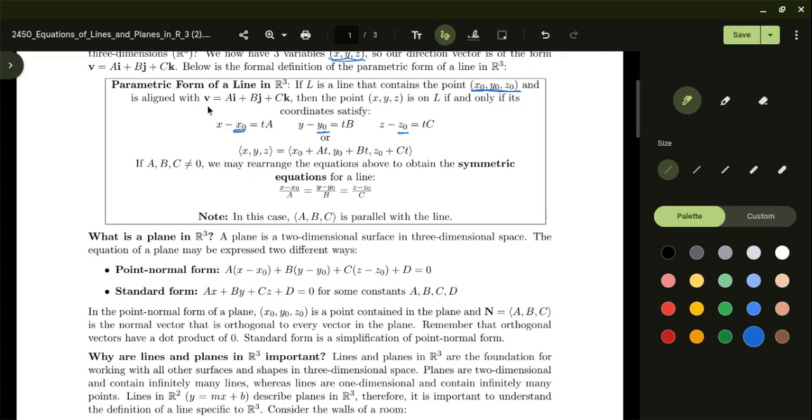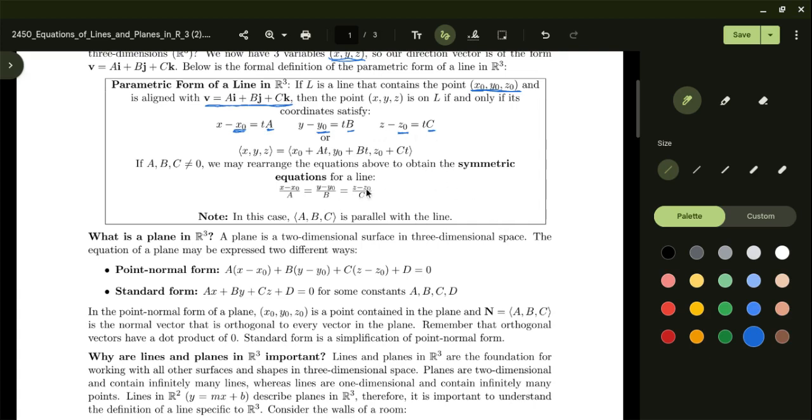And then we also will be given a directional vector, so this vector v here, and that is going to tell us the direction of the line that we are creating with these equations. And you'll notice that the coefficients of t are from that directional vector. So a is for x, b is going to be in the y equation, and c with the z equation.